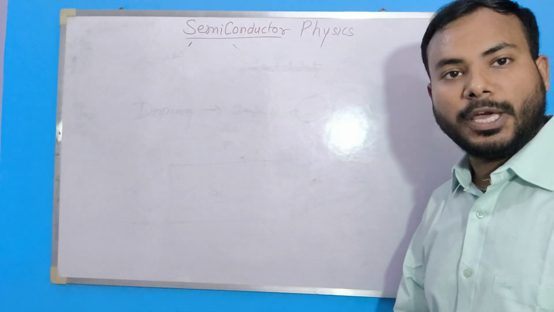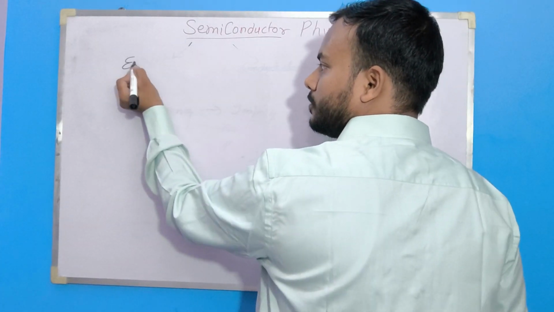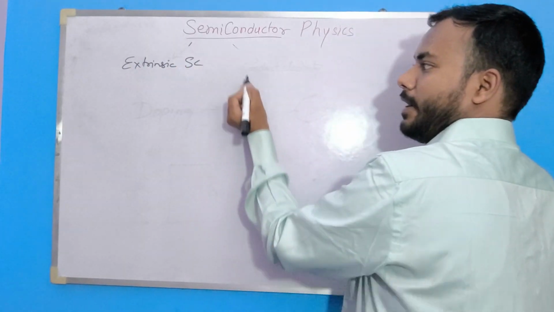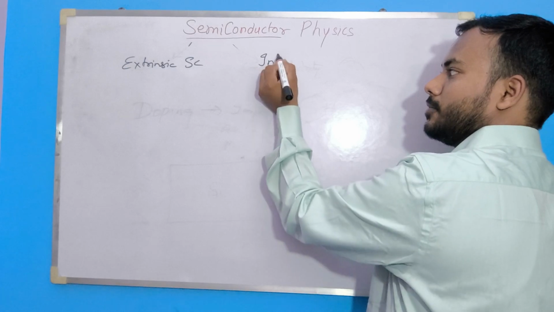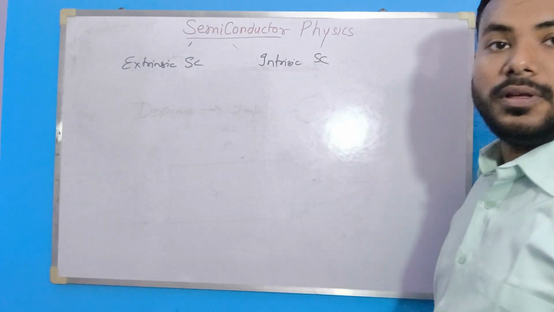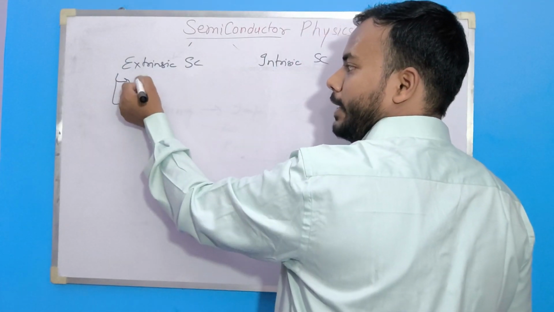Now we have two types of semiconductor, which are called extrinsic semiconductor and intrinsic semiconductor. Extrinsic semiconductor also has two types, n type and p type.